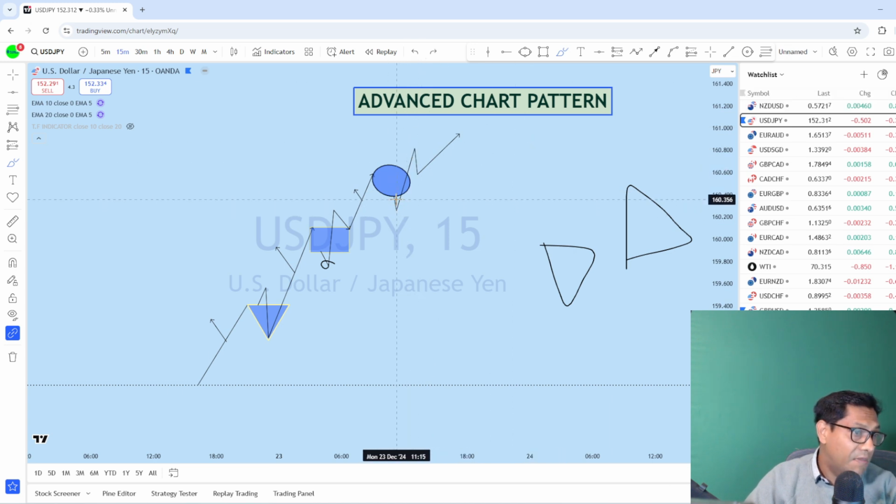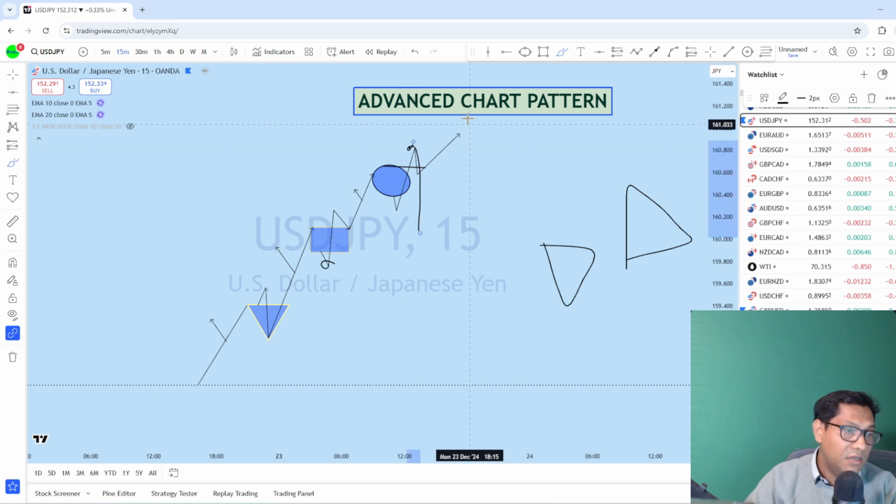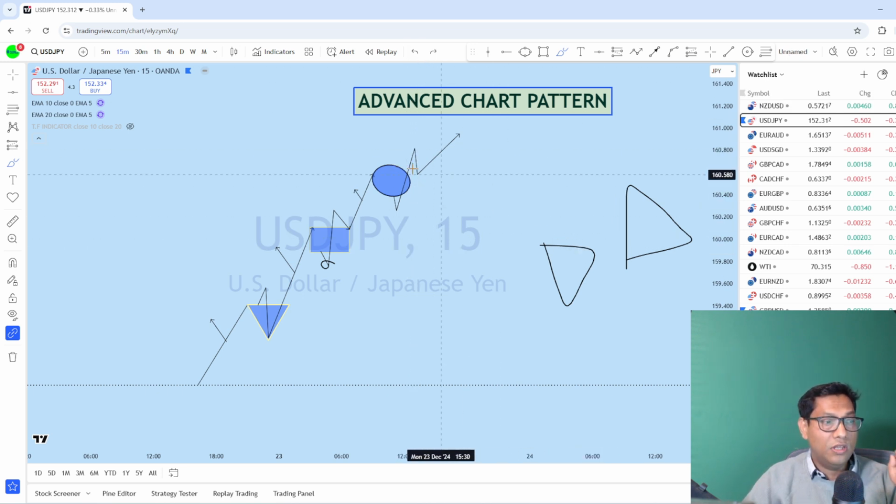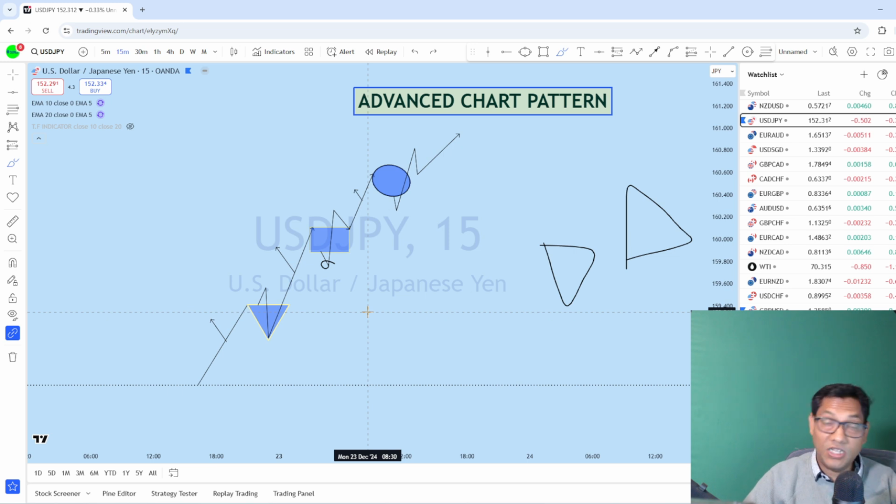Once we see the market either has broken below, has crossed above, or has crossed above and then returned back again to the support level. So these are three fundamental examples. There could be plenty. Now let's look at the chart to see how to identify this advanced pattern.